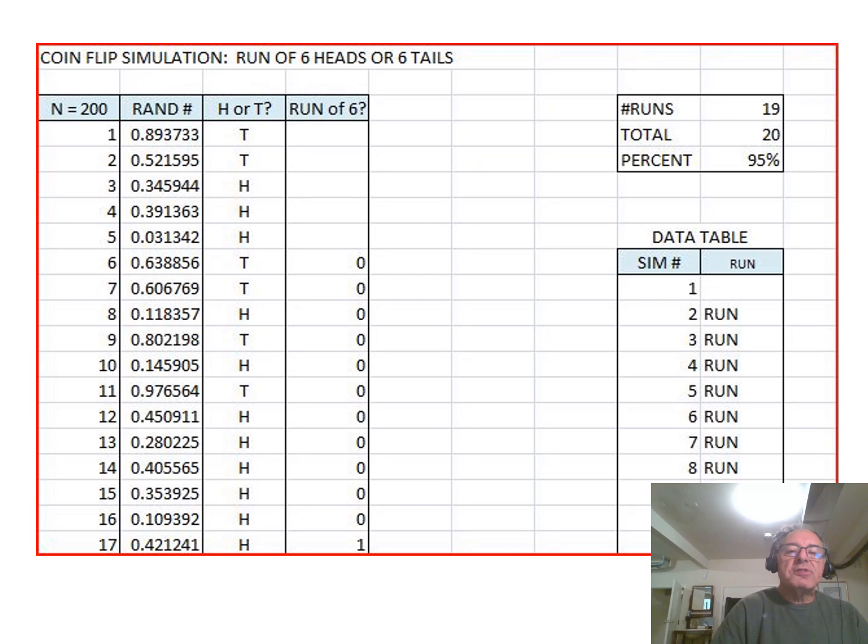In doing this, it's easy enough to set this up the first time, but if you want to keep track of your results, you're building a larger and larger spreadsheet, and you're creating these random numbers for the first simulation in one column, and then the second simulation in another column, and the third simulation in another column, and so on.